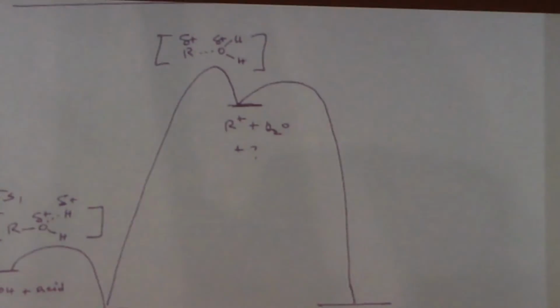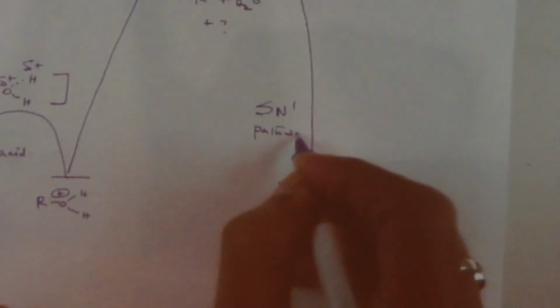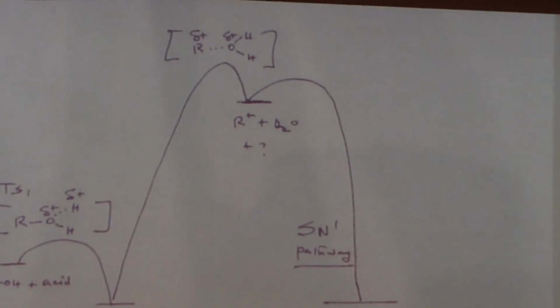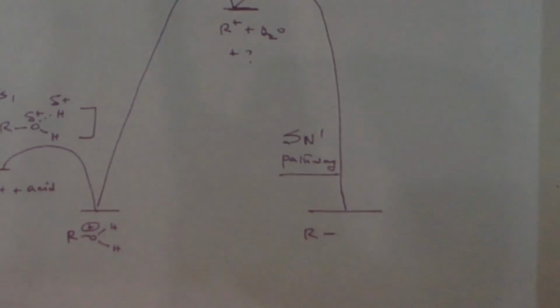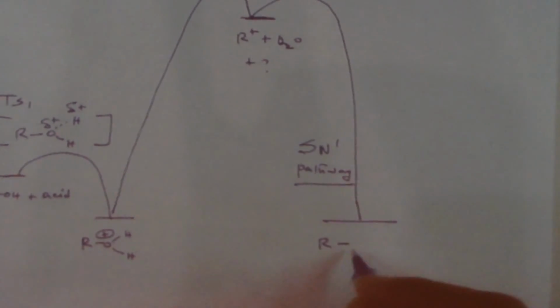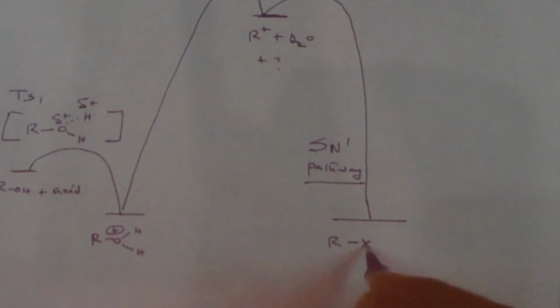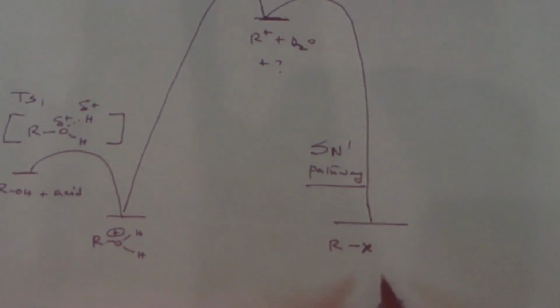The next step is relatively small energy demand to generate the product from that, and this is the SN1 pathway, where we get whatever the halogen. Let's say if you use HCl or HBr. This would be that one. Let's say X is the halogen that is being produced here.